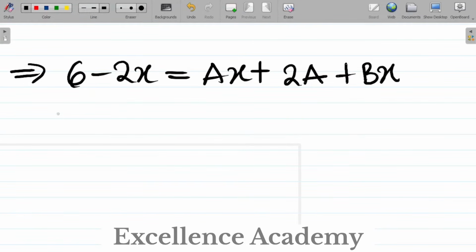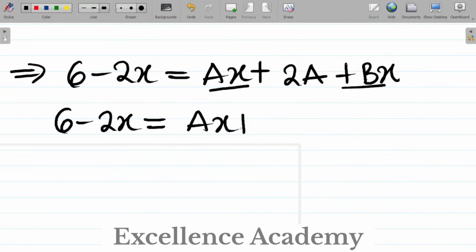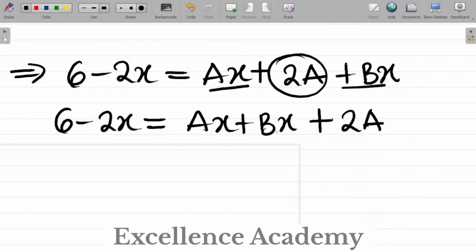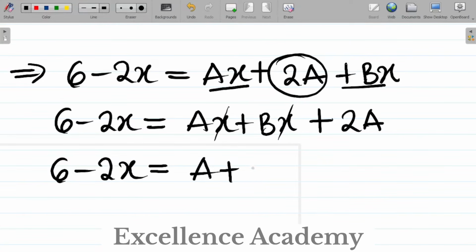We have ax plus bx, then plus 2a. So 6 minus 2x is equal to, if I factorize out x, a plus b into x, plus 2a.